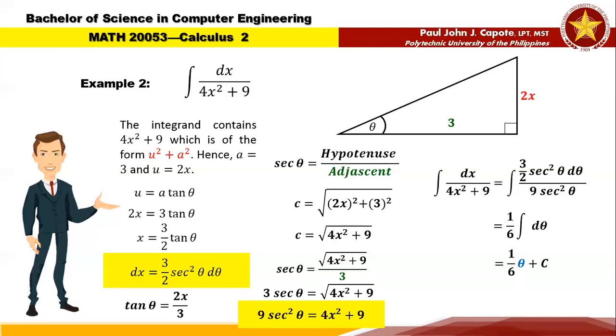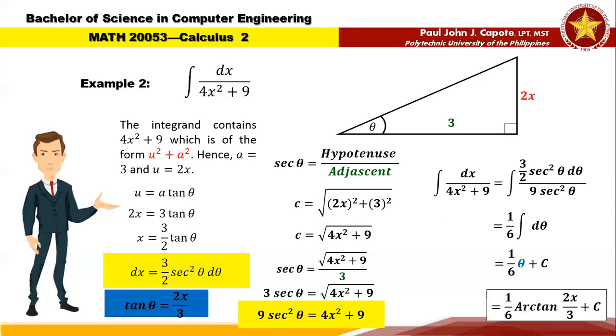So we apply arctan, or the inverse of the tangent function, to both sides of the equation. And so we get theta is equal to arctan of 2x over 3. Substituting this value of theta, we have 1/6 times arctan of 2x over 3 plus c.